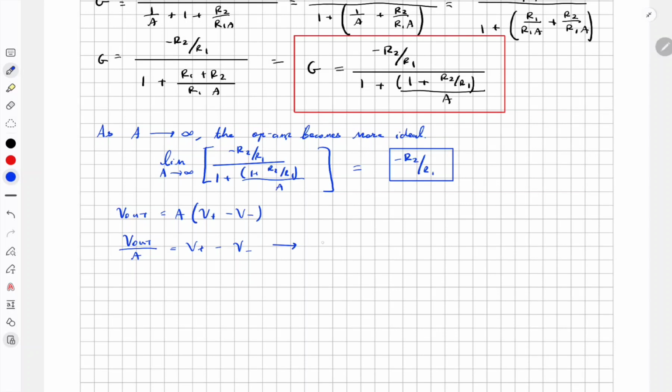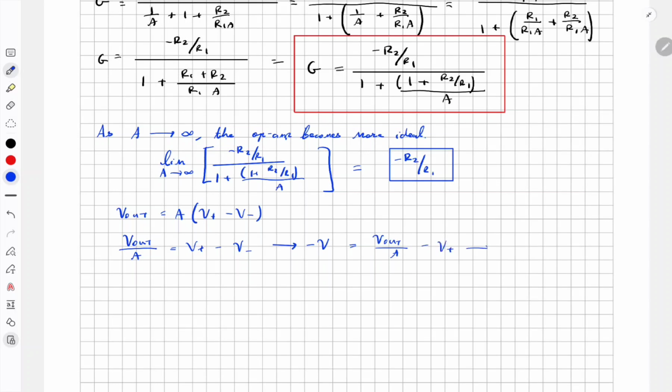So then minus V minus is equal to V out over A minus V plus.